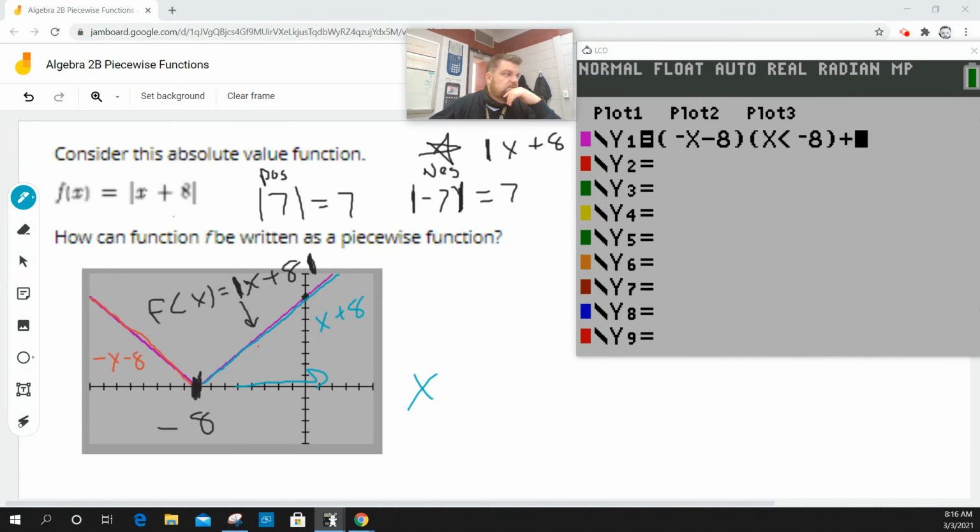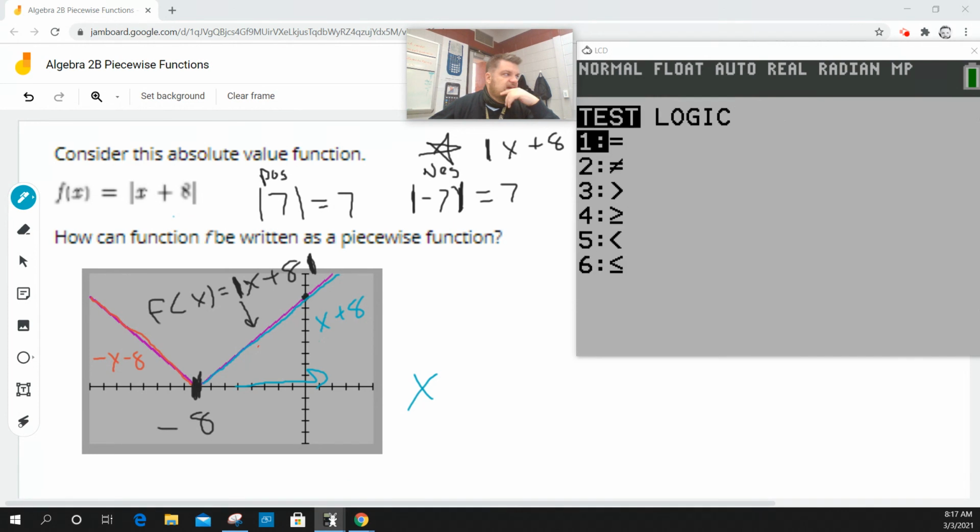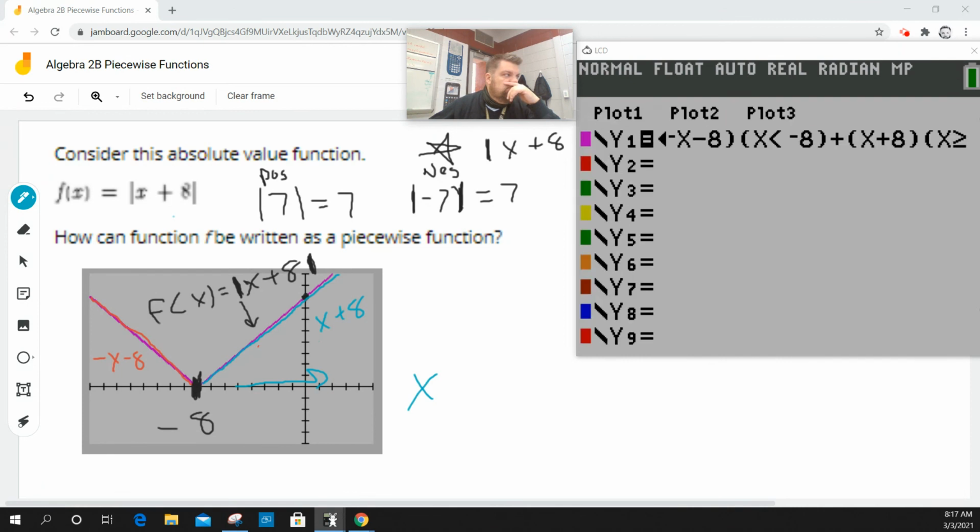Plus the second part, or the second function, which is just x plus 8. And then the domain, which would be x is, second math, greater than or equal to negative 8. And then let's graph this real quick.